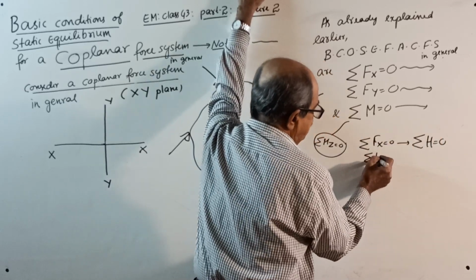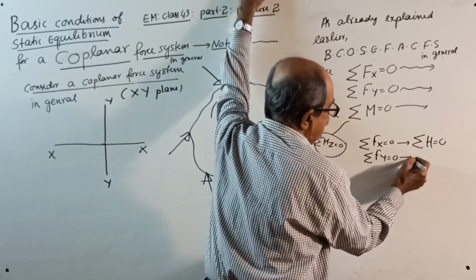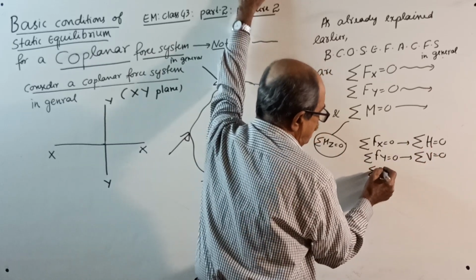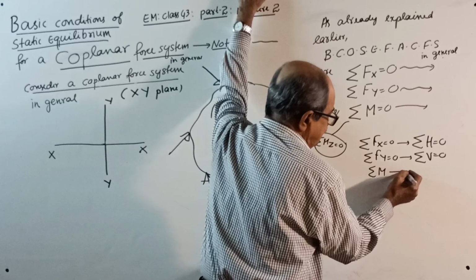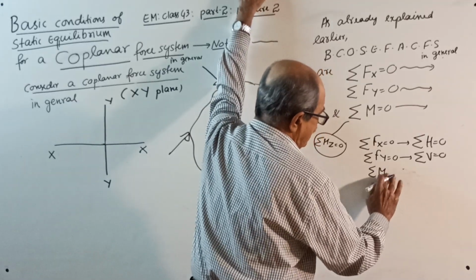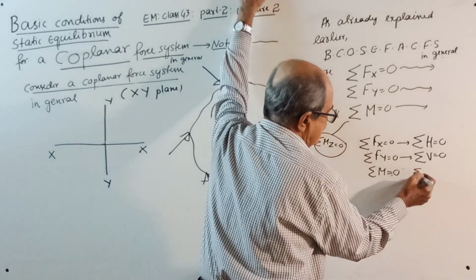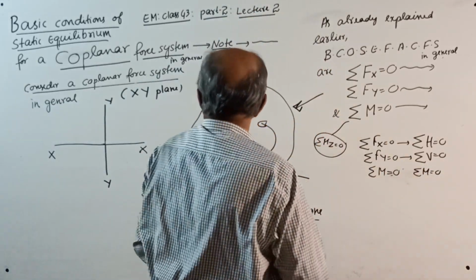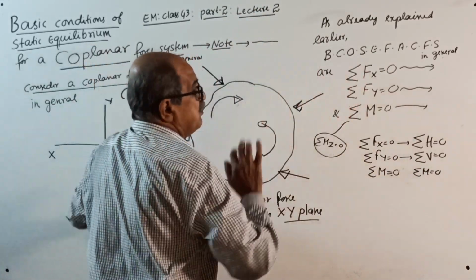Instead of sigma Fy = 0, we will write sigma V = 0. And sigma M0 = 0 will remain sigma M0 = 0 only. This is for a coplanar force system.